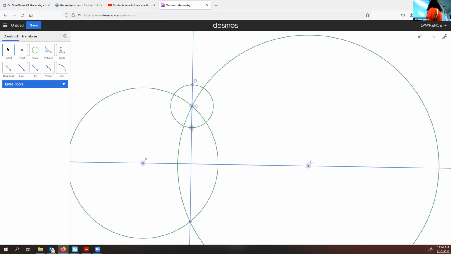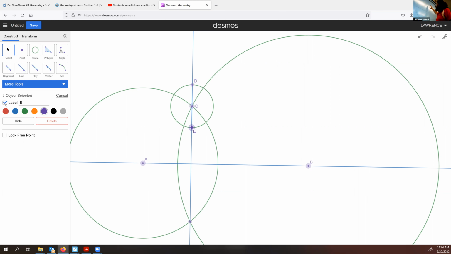So there's D. There's E. There we go. So I know D to E is the diameter of the circle centered at C. The special part about being the diameter, I know C is the center.